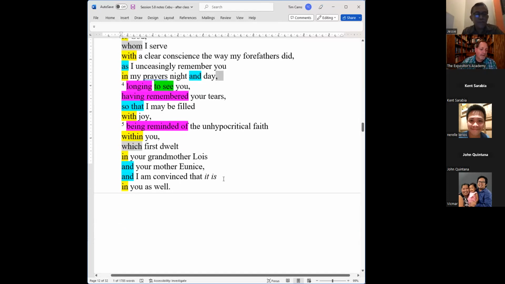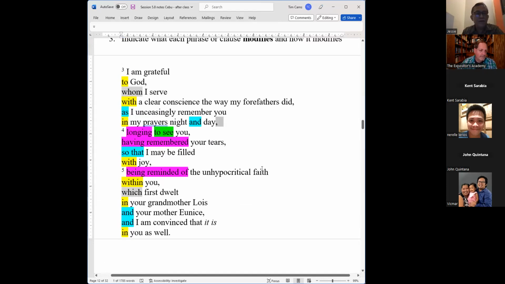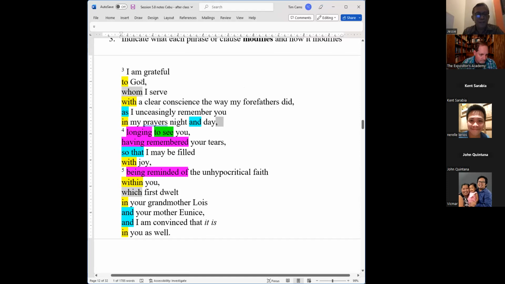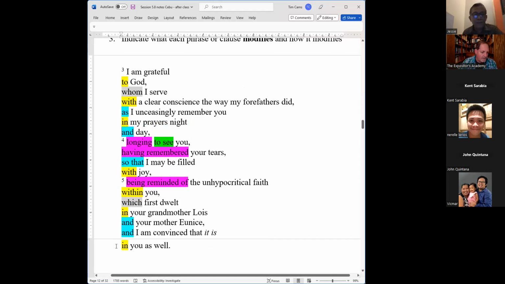Okay, good. So now, oh, sorry, Jesse, go ahead. Is the word in a connector word, a preposition? Yeah, where? In the last sentence: I am convinced that it is in you as well. Yeah, technically it's a preposition there, but when I diagram it I'm going to leave it all in one line.